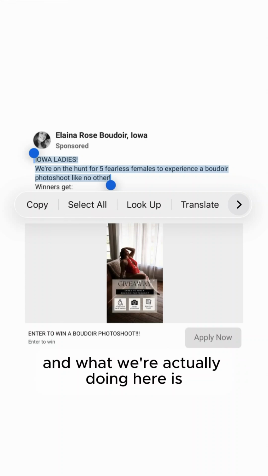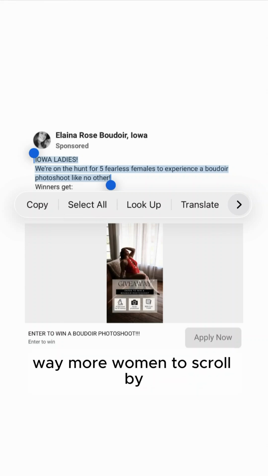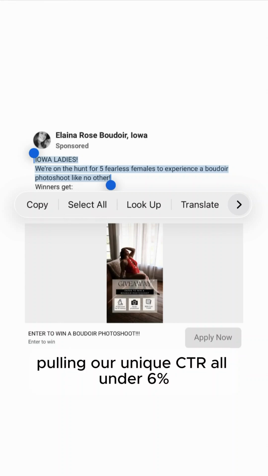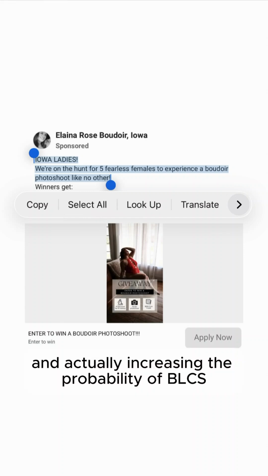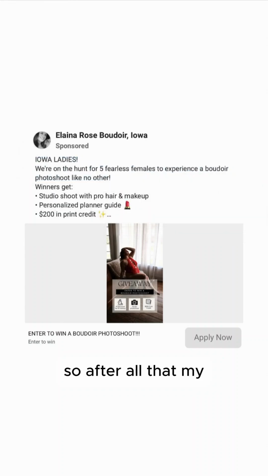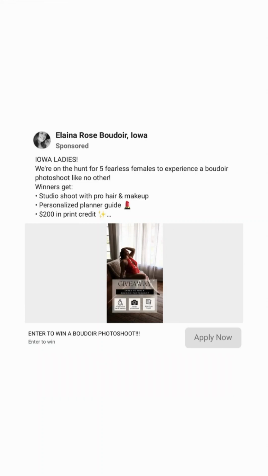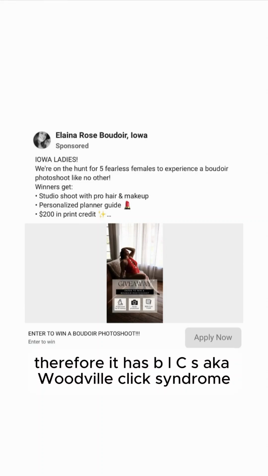And what we're actually doing here is we're not hitting the mark, causing way more women to scroll by our Boudoir Facebook ad than necessary, pulling our unique CTR under 6%, and actually increasing the probability we have BLCS, boudoir low click syndrome. So after all that, my diagnosis is, I believe this boudoir Facebook ad has a unique CTR under 6%. Therefore, it has BLCS, aka boudoir low click syndrome.